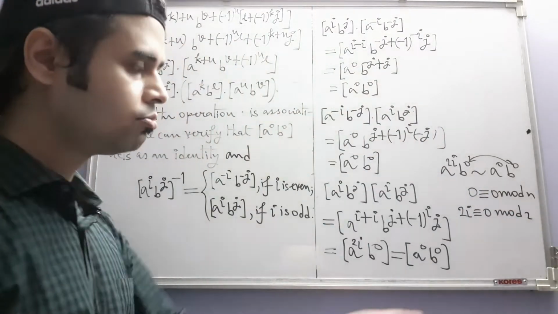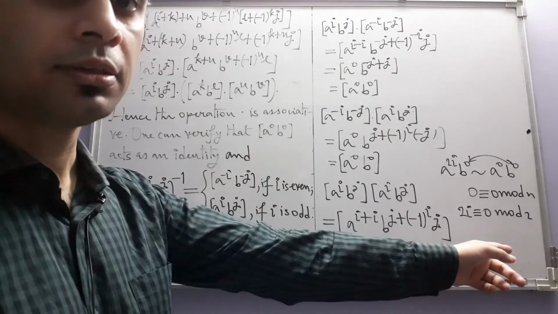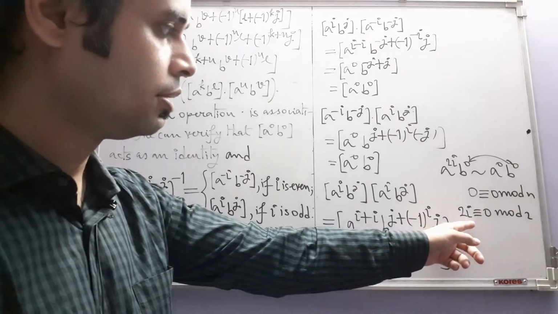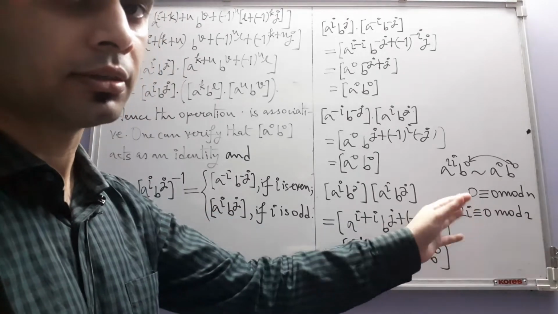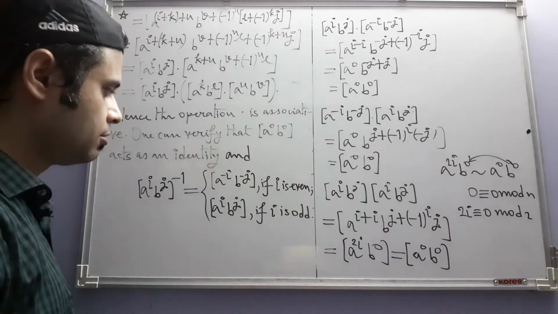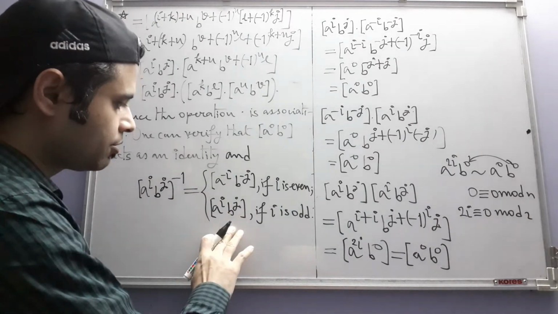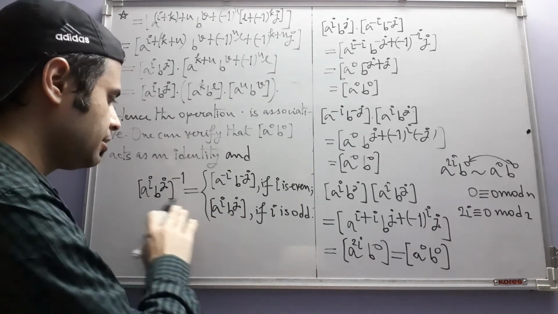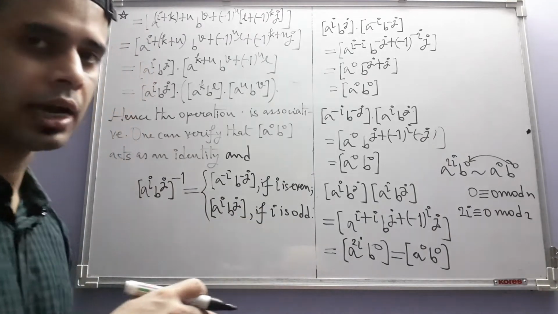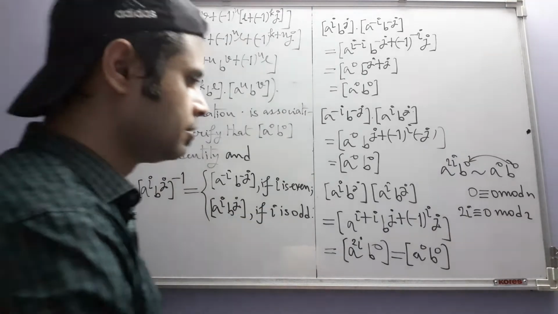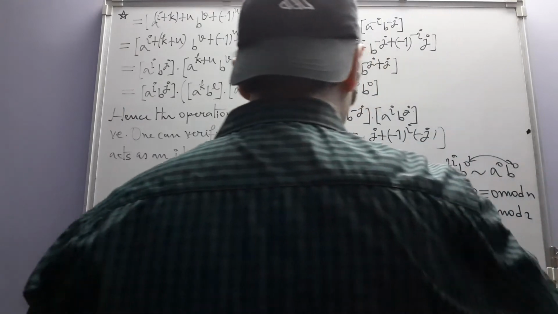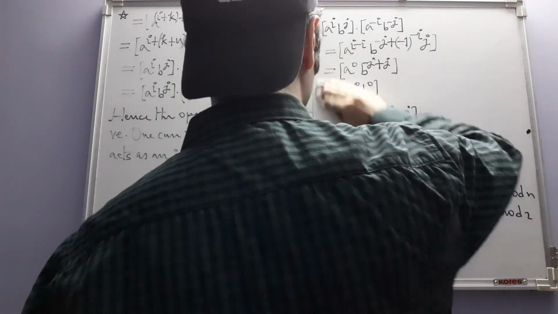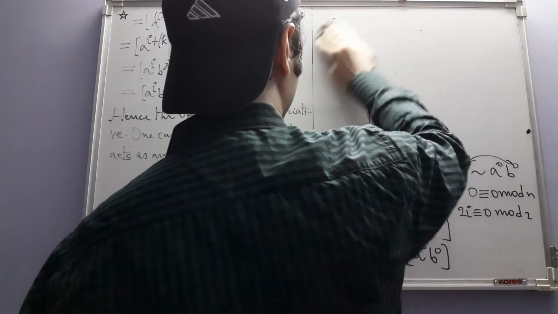Yes, because 2i is divisible by 2. So although i is odd, that does not matter. So yes, this is also an expression, namely the element itself is its own inverse if i happens to be odd. So these are all the 4 conditions you need to call a system a group.